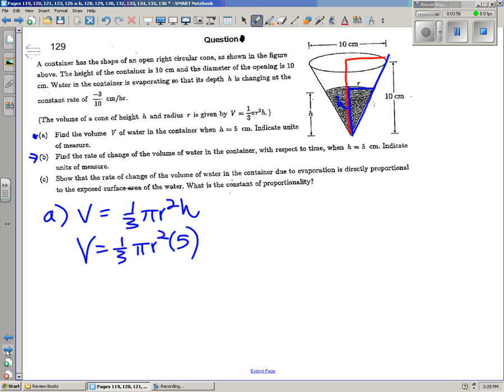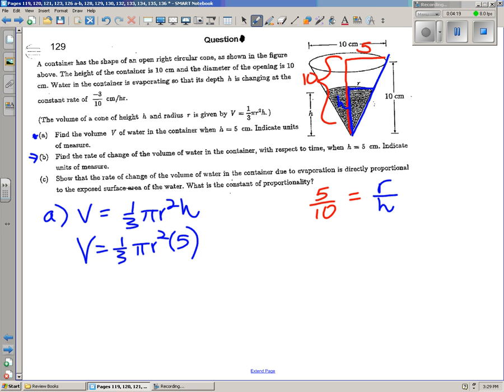If the diameter is 10, the radius is 5 at the top. So if I use the red triangle, I could set up a fraction, 5 over 10, the radius over the height, equals the generic radius and the generic height. That proportion is always going to hold true no matter how far the water level is down in the cone.